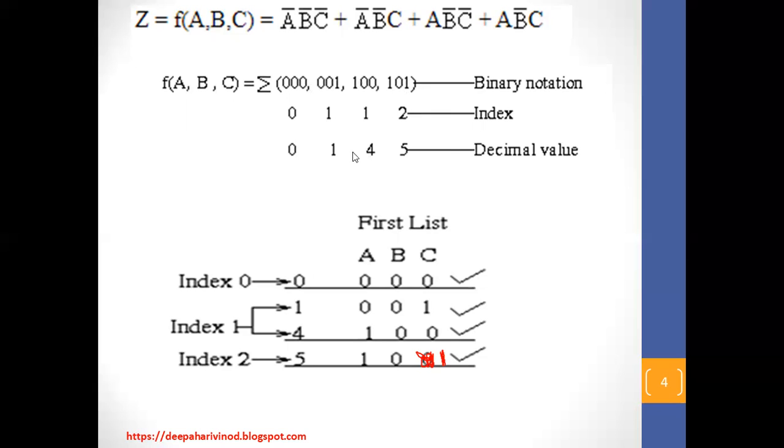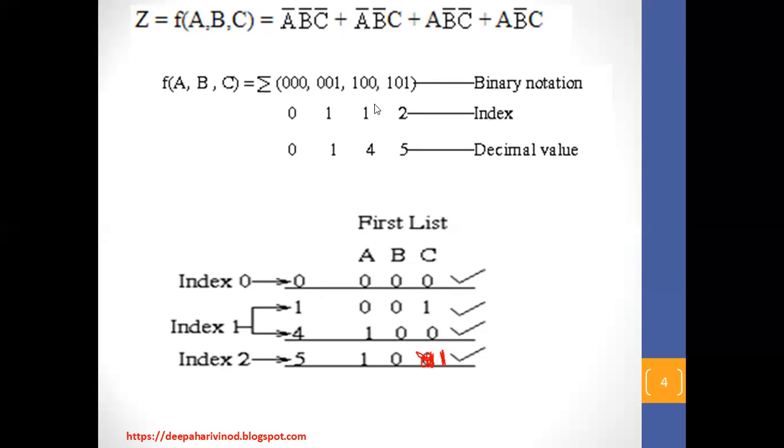Finally, here we can see the decimal equivalent, and usually we prefer the first column to represent the index. So write down index 0 and the decimal equivalent is 0. Next is the combination, that is 0, 0, 0. After that, put a line to indicate that you don't have any other combinations in index 0.